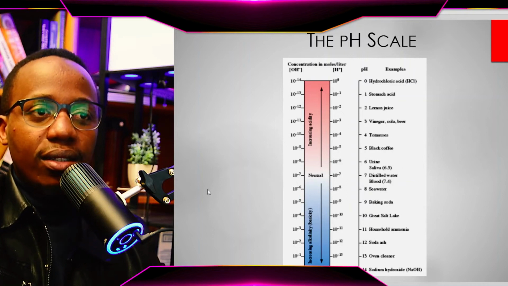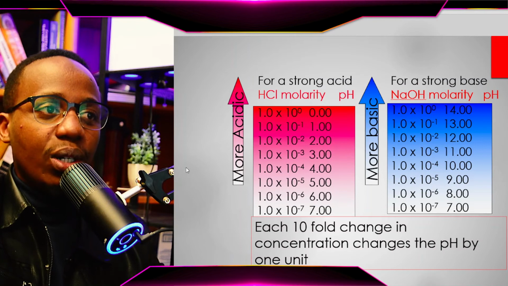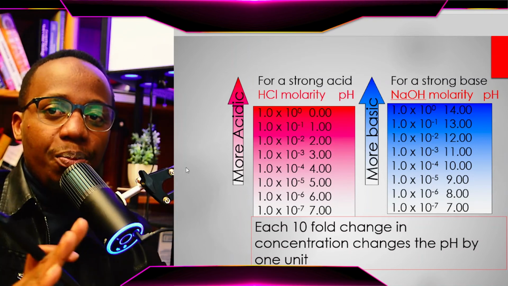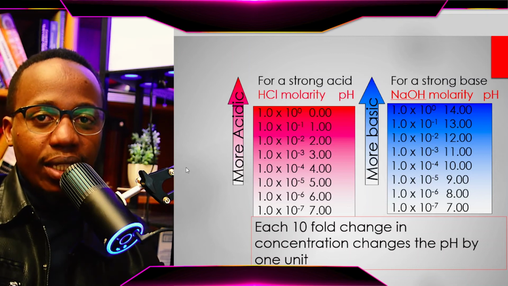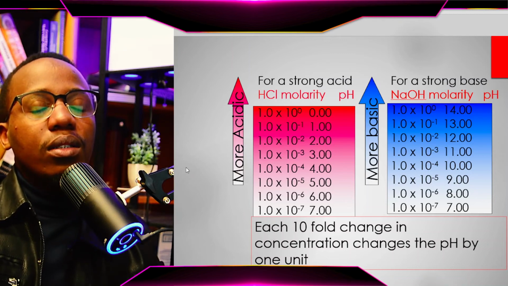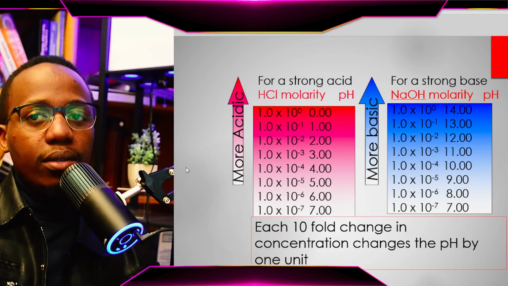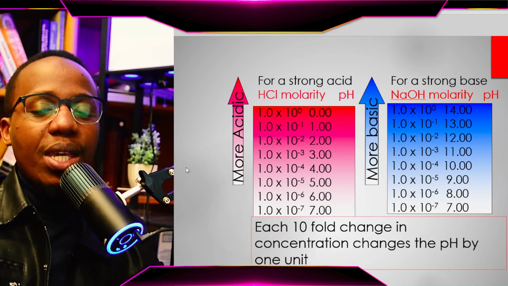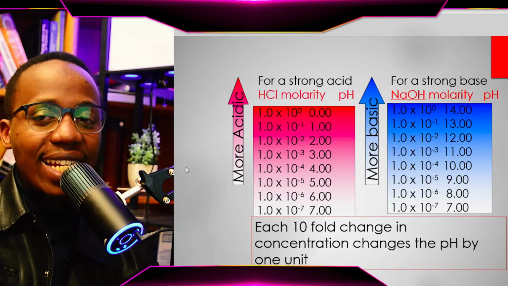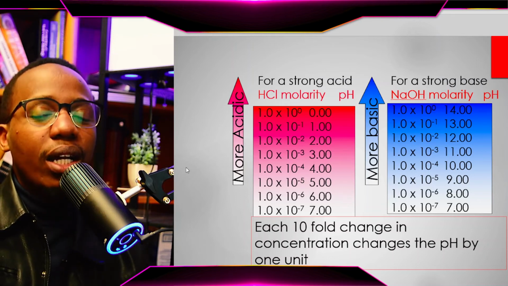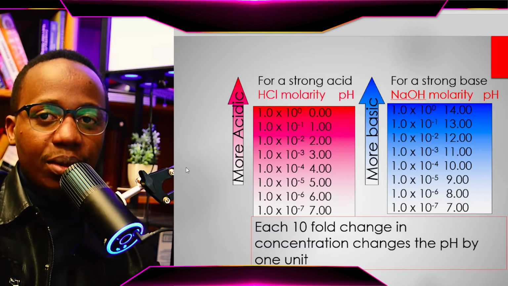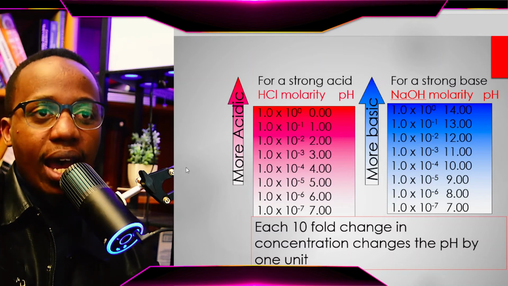One last thing that I'll talk about with pH is that because it's a logarithmic scale, when you change one pH unit, pH 1 versus pH 2, pH 2 is not just twice as much, it's 10 times, because it's a logarithmic scale. One more number means 10 times. The next number means 10 times more.